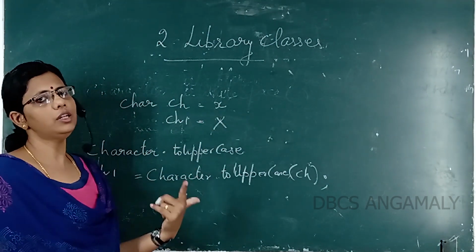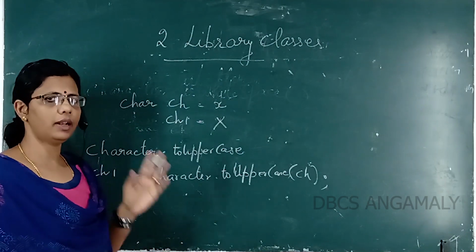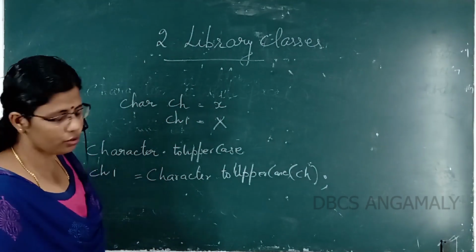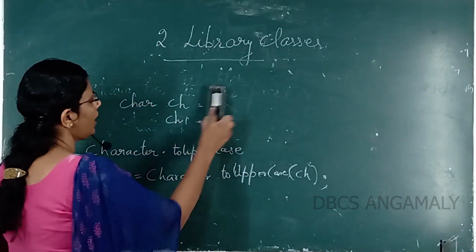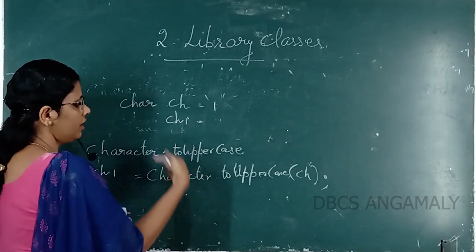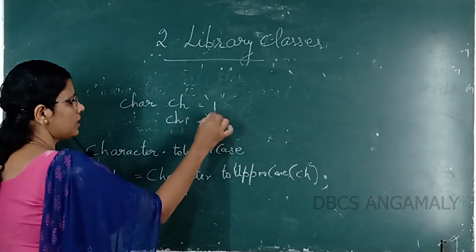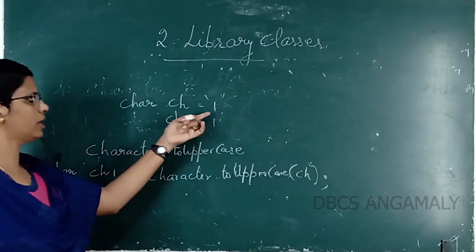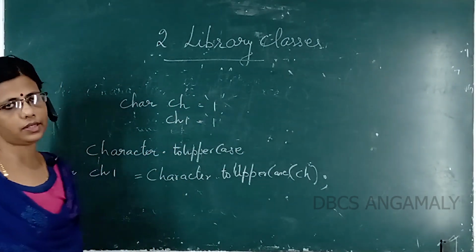If you have already stored it in uppercase, then it does nothing, it remains like that itself. For example, if I store a number, 1, here when I run this, it remains as 1 only, there is no change. It looks for a small letter, and only then converts it into uppercase.